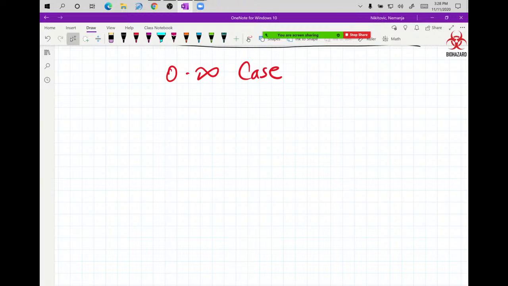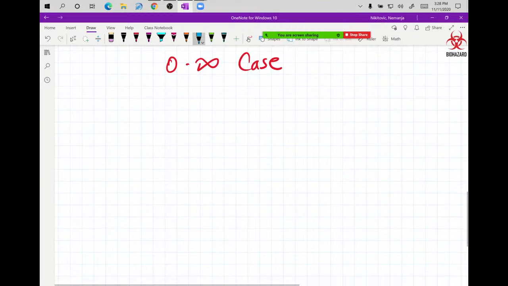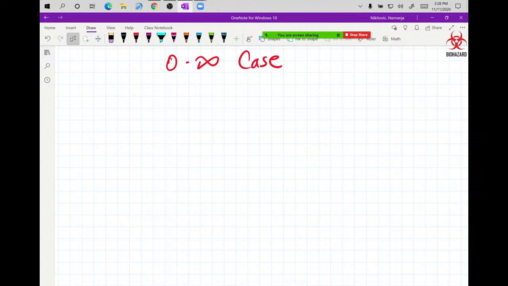All right, cool. So we have 2 prerequisites that we need to remember or relearn before we can actually do these cases. So the first one is this notion from all the way back in chapter 2, where we said that the limit when x goes to infinity of 1 over x is equal to 0.